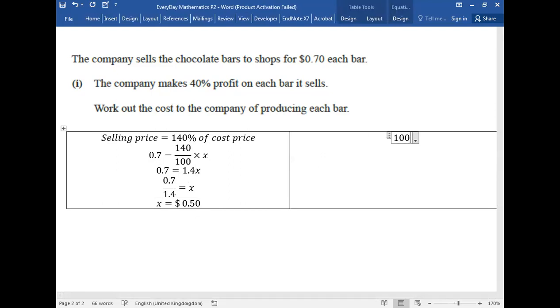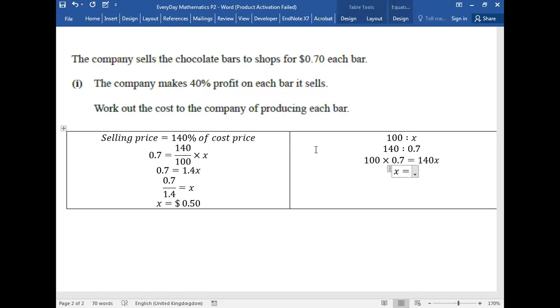Another way of doing this question is 100%. I do not know that, but I do know that 140% is 0.7. Same thing. You do not know the original cost, which is 100% of itself. 140% is 0.7, and then 100 into 0.7 is 140x.